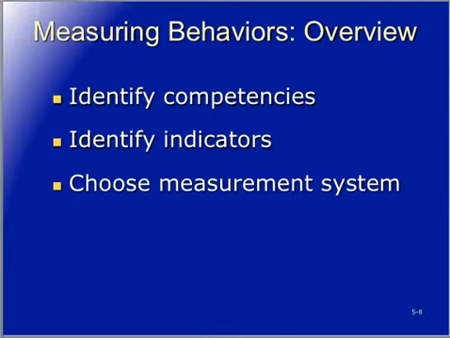So to speak to the first point, identifying competencies. Okay. When identifying competencies, you're going to want to measure clusters of KSAs. Okay, so you want to look at knowledge, skills, and abilities, and you want to see how these KSAs relate to results.